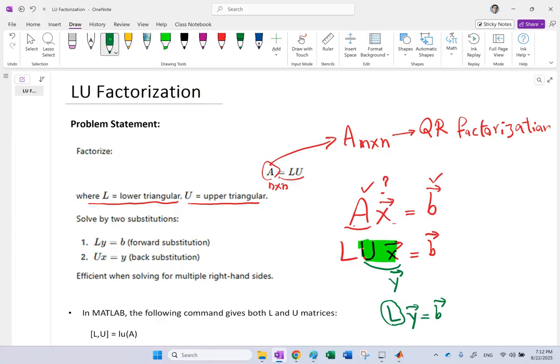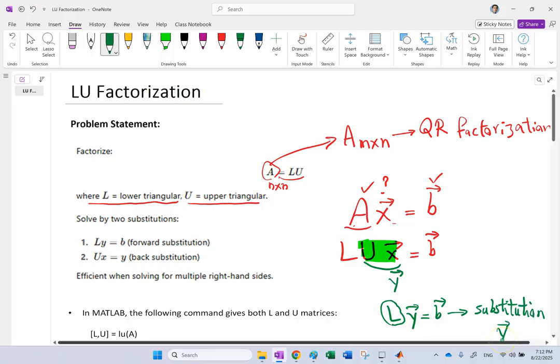The goal in Gaussian elimination is to convert your A matrix into a lower or upper triangular matrix. So once I have this, then the substitution is going to easily give me all of the Y values.